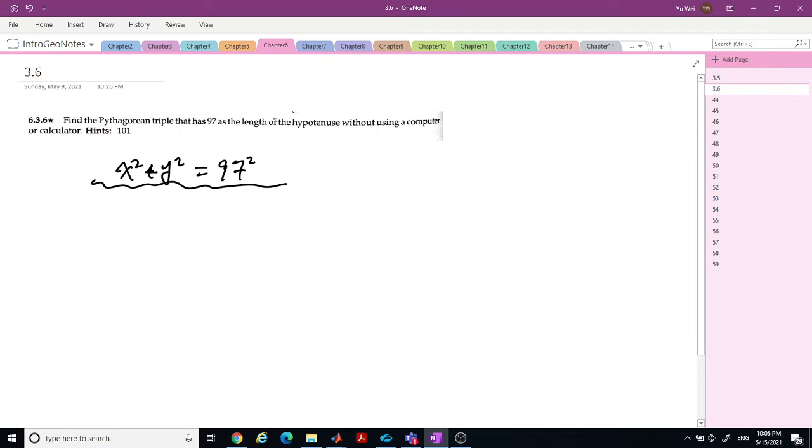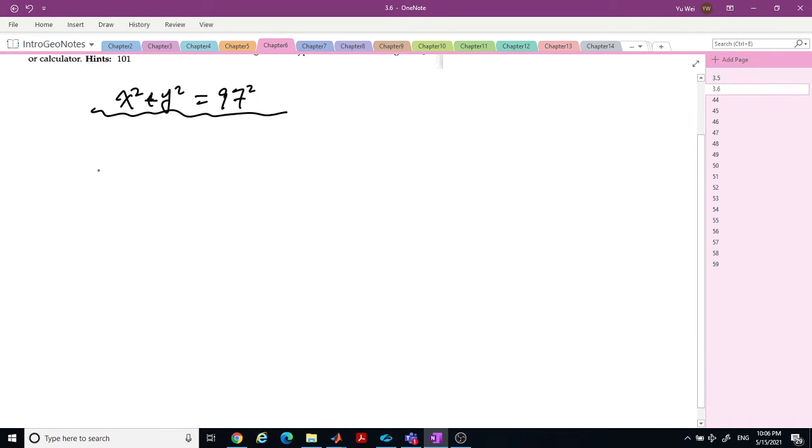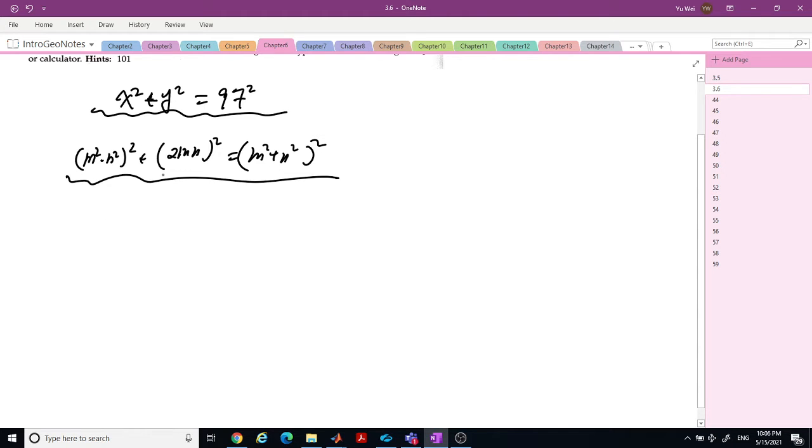We want to find x and y. If you remember, the Pythagorean triple has a format like this. Because 97 squared is pretty big, let's evaluate this.